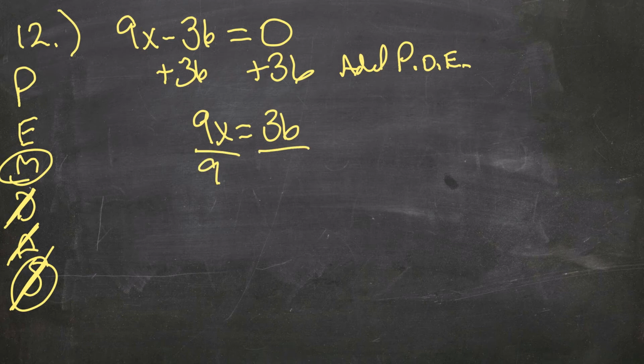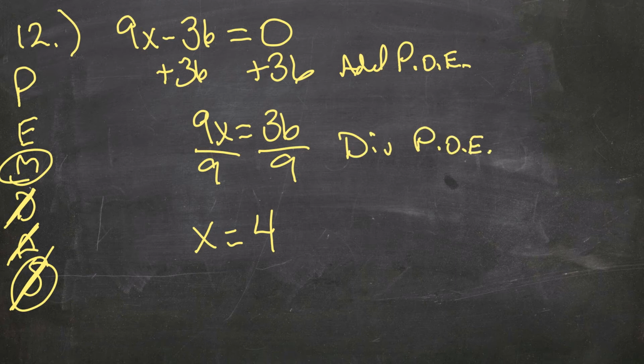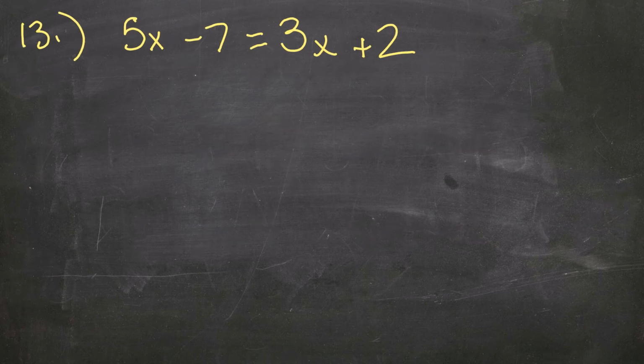So I divide both sides by 9. I get x equals 4. Okay? Because of the division property of equality. Now I plug it in to see if it works. So 9 times 4 minus 36, does that equal 0? Well, 36 minus 36 does equal 0, so you're good to go.